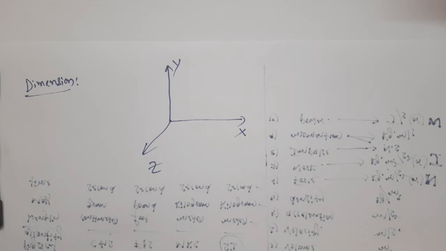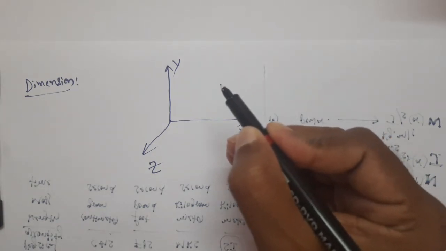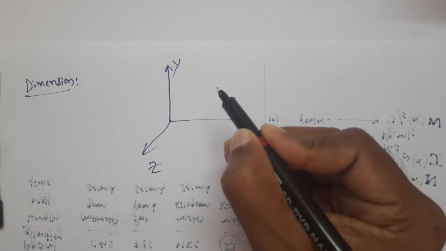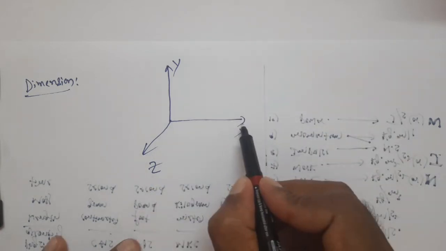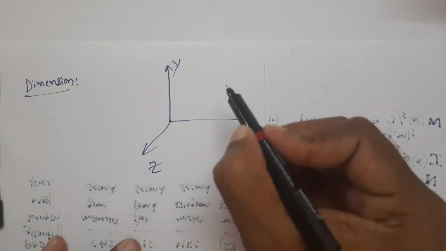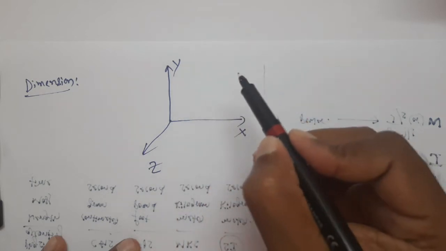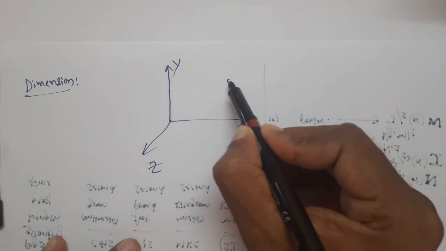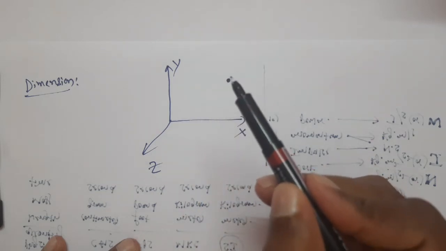Now here in the space, if I want to represent any point, how many values do we give, how many dimensions does it have? In x direction it has some value, in y direction it has some value, in z direction it has some value. That means in space, not on the xy plane, I am showing a point here, but of course I am writing on this plane, but let's say this point is in the space here, in the air.